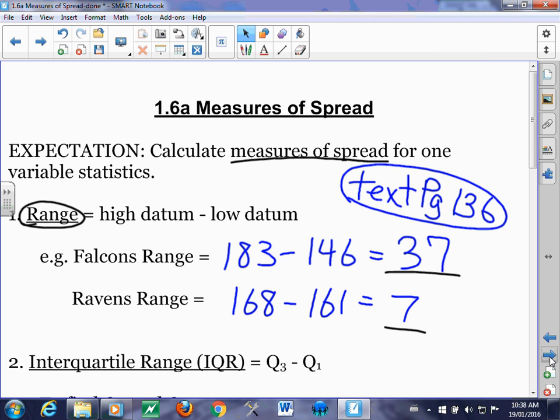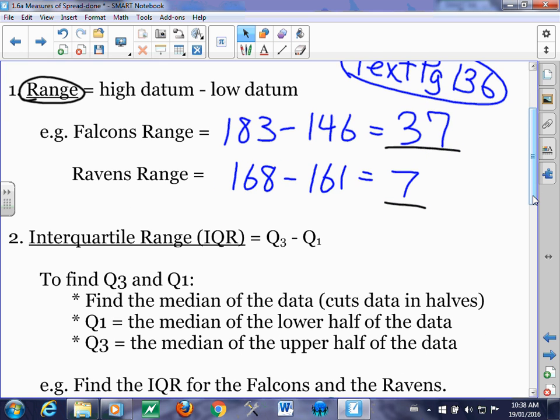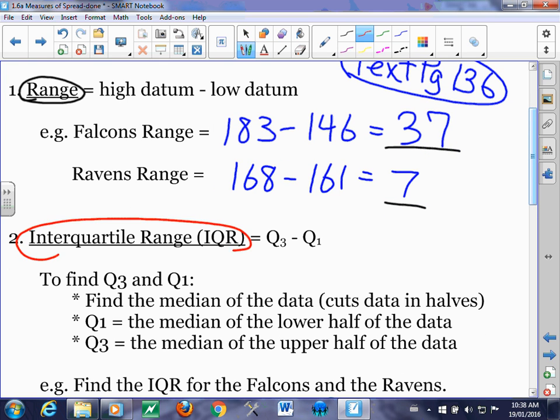Okay, so now we're going to take a look at a new terminology called the IQR, and you'll need to know this for your test, folks. It's the interquartile range. So what you need to do is take your third quartile and subtract your first one. All you need to do is find that data.